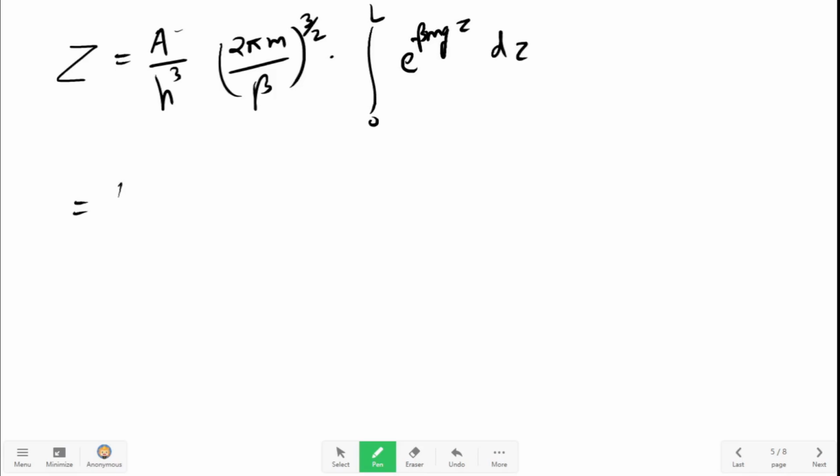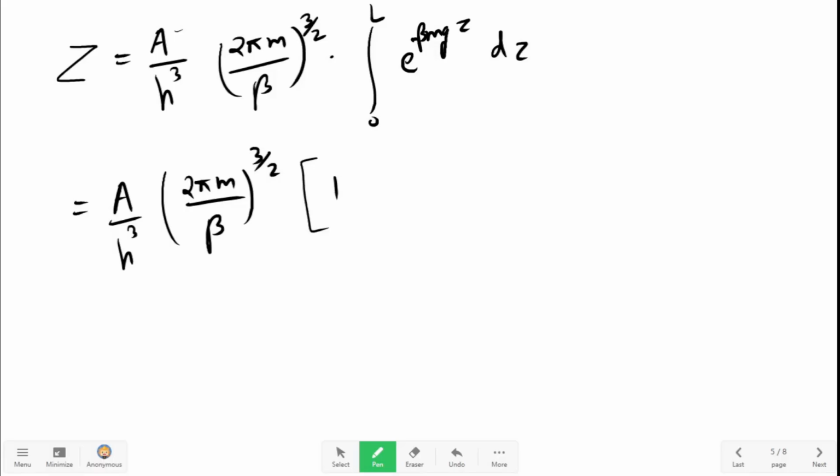So Z is equal to A divided by h cube, times 2 pi m divided by beta the whole raised to 3 by 2, times 1 minus e raised to minus beta mgL, the whole divided by beta mg.